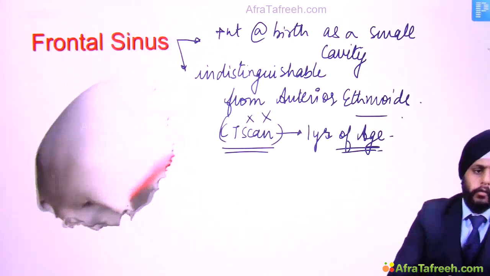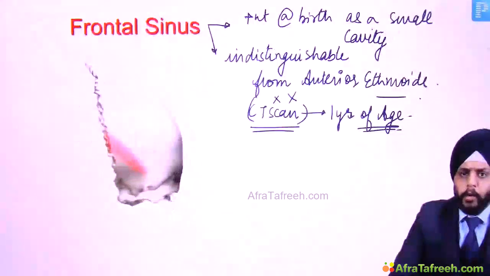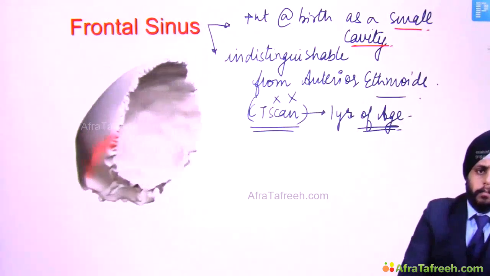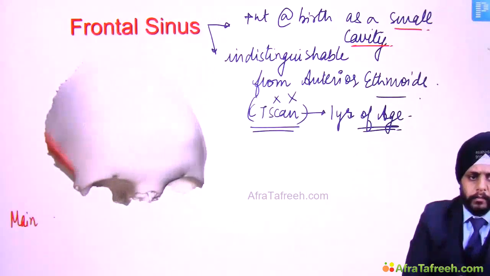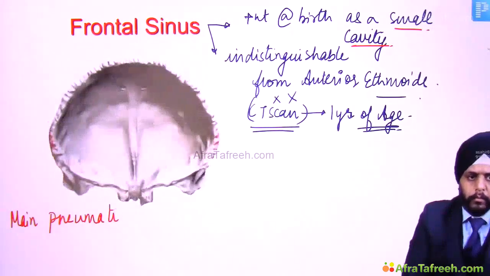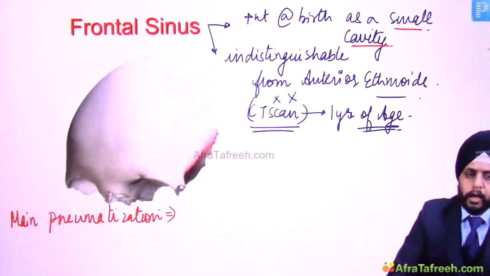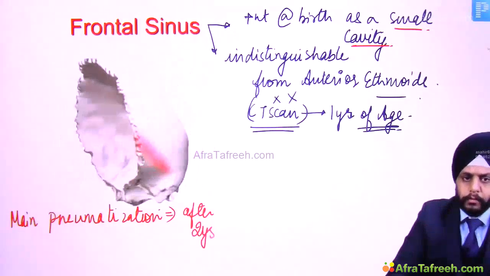So remember, the frontal sinus is present as a small cavity at the time of birth, and the main pneumatization in this frontal sinus starts after 2 years of age.